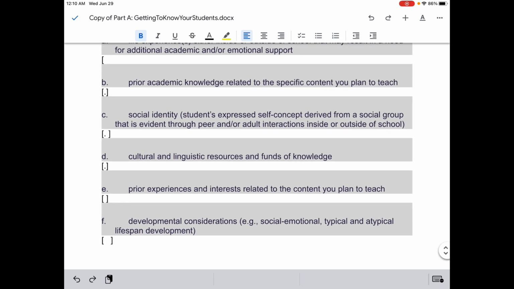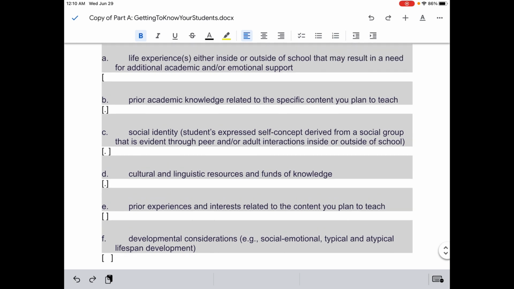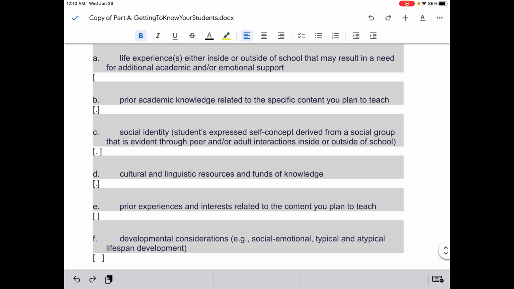And then for section F, it talks about developmental considerations. So during this section, I talked about how focus student 3 seems to be struggling socially and keeping friends. Although it's very hard for her, she seems emotionally happy, which is very, not weird, but different, I guess. And I incorporated that in there.